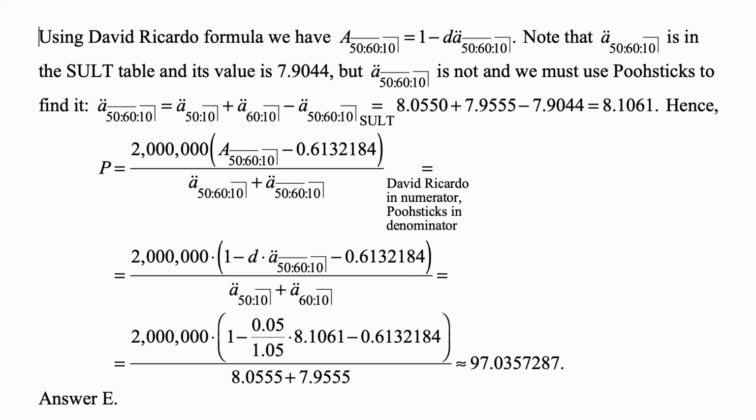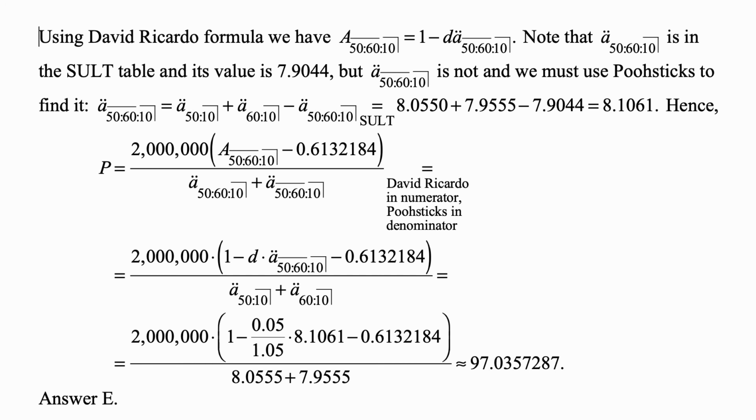Now we use the annuity-insurance relationship in the numerator and inclusion-exclusion in the denominator, and this becomes 2 million times 1 minus d times ä 50:60 with a bar above it, angle 10, minus 0.6132184, over ä 50:angle 10 plus ä 60:angle 10. The d is, of course, 0.05 over 1.05.